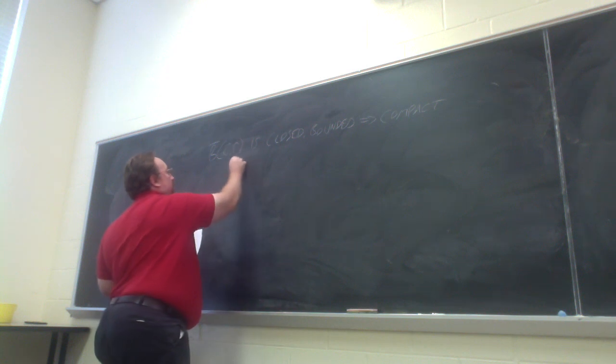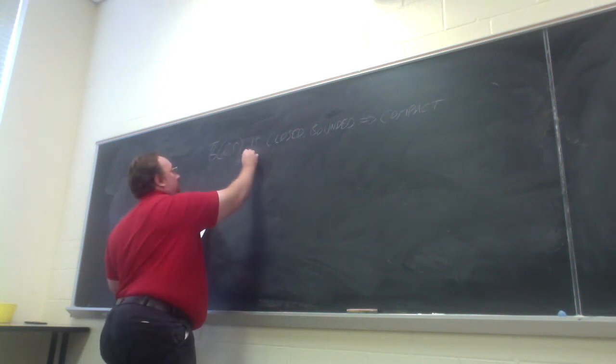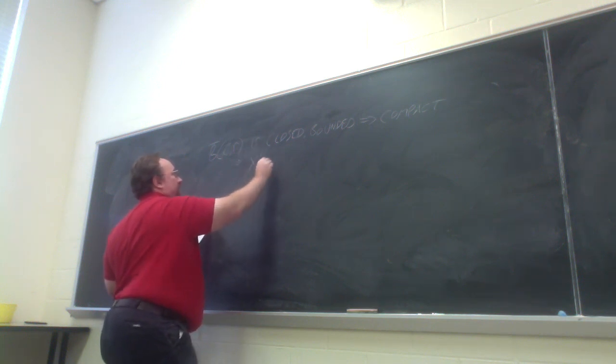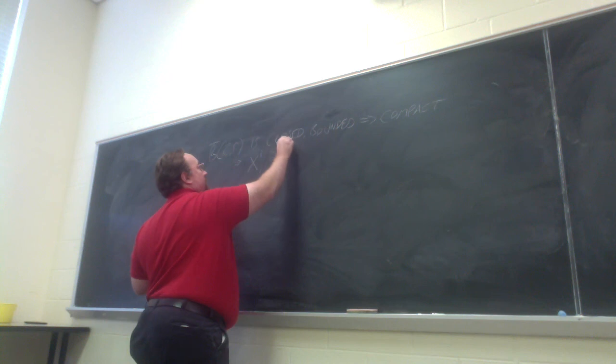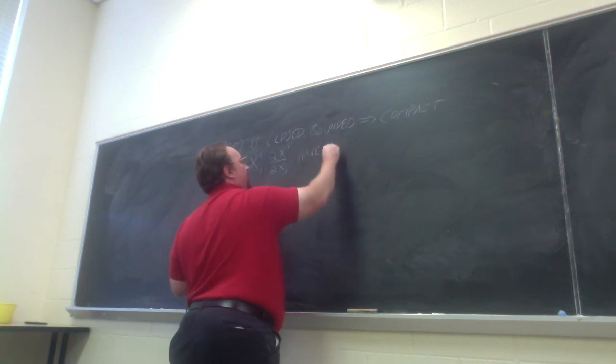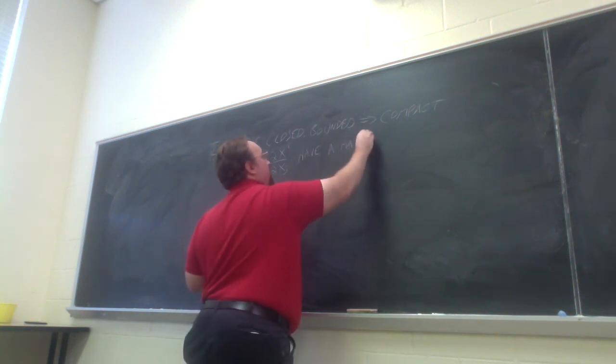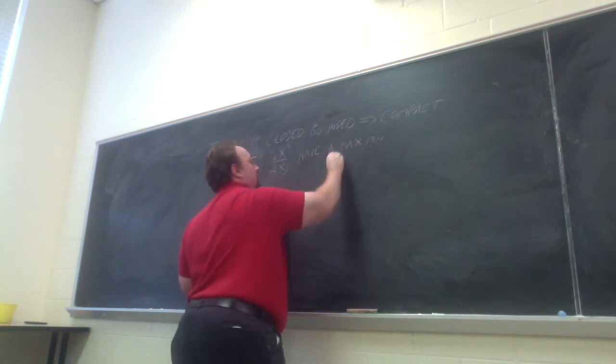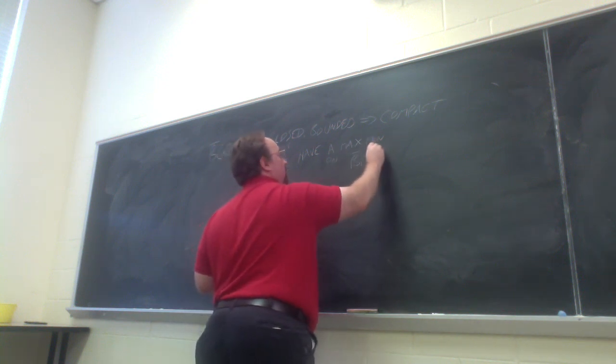So what that means is the components of the vector field X themselves and the first partial derivatives, all of these have a maximum and a minimum on this closed ball.